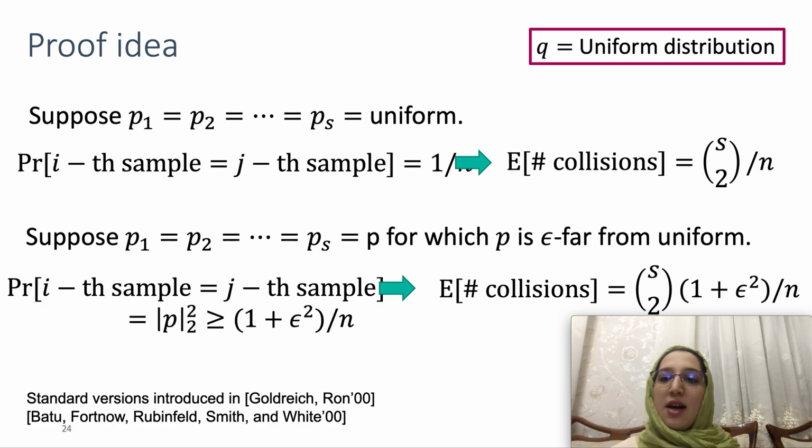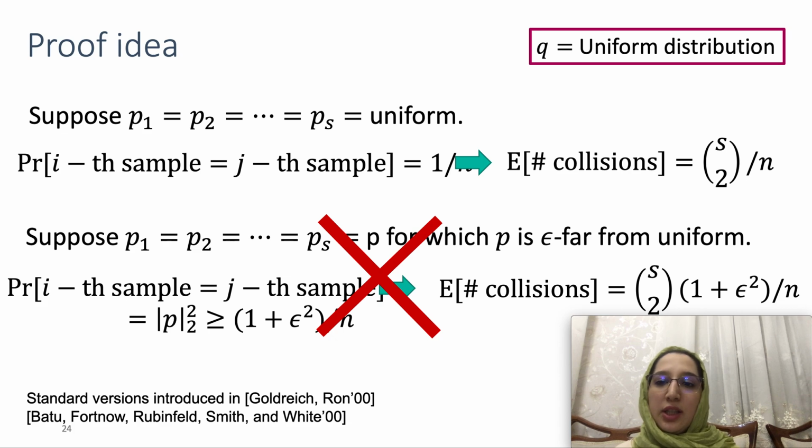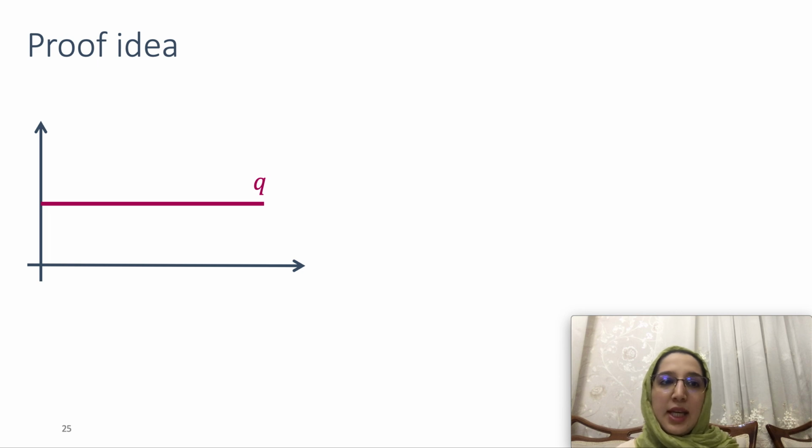It is higher by a factor of 1 plus epsilon squared, and this is usually enough for us to distinguish the cases. However, since we are assuming the multiple source framework, we cannot really use this second part, and we may not be able to assume that this number is high.